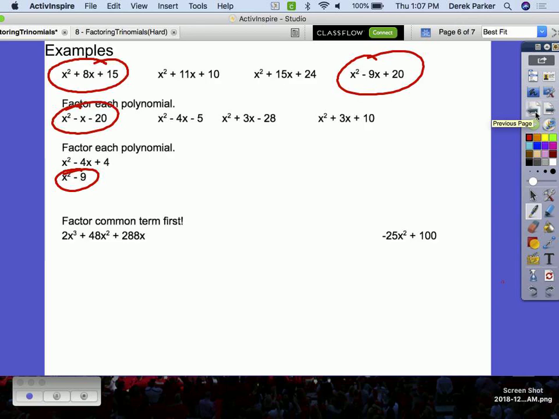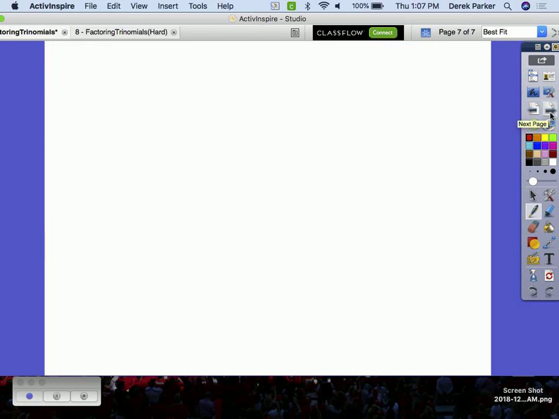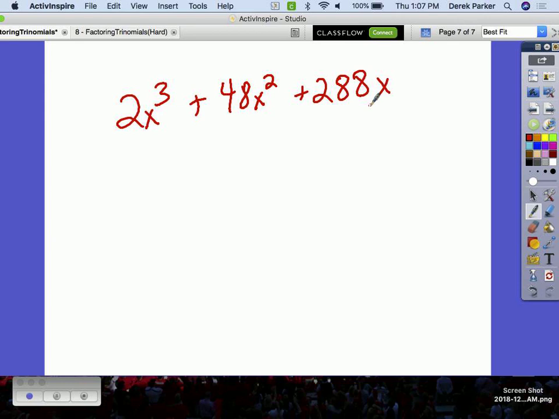My last example. 2x to the third power plus 48x squared plus 288x. Now, you cannot do the way we've always done it.